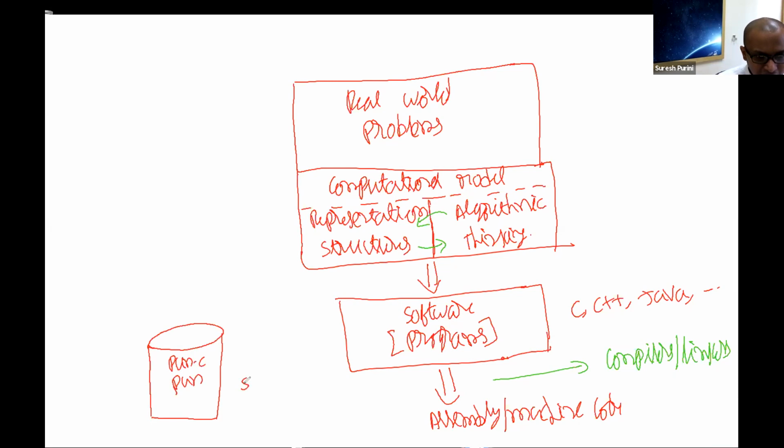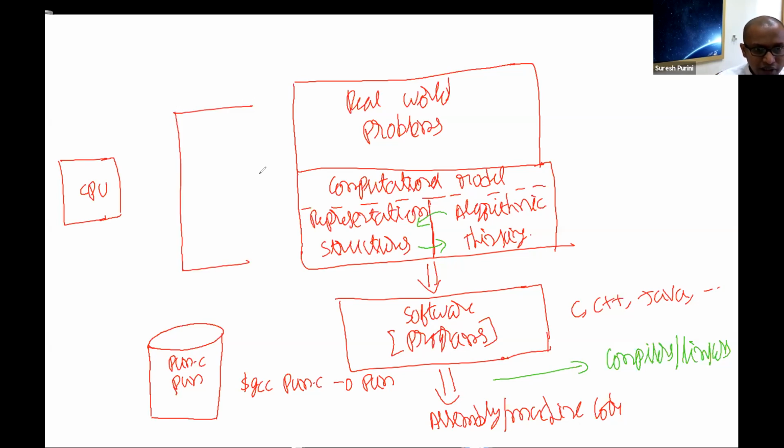And you generated your pun from GCC by using the command -o pun. This is what we did. And then we have our CPU here, this is our CPU, and then we have the processor here. This is the main memory, the RAM.